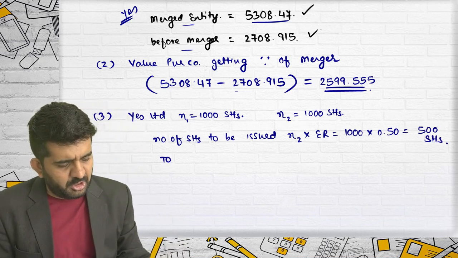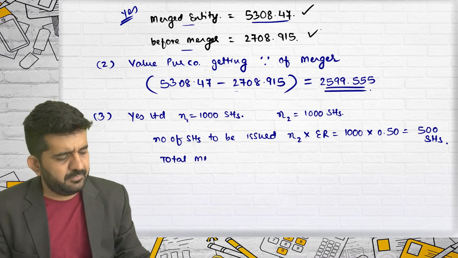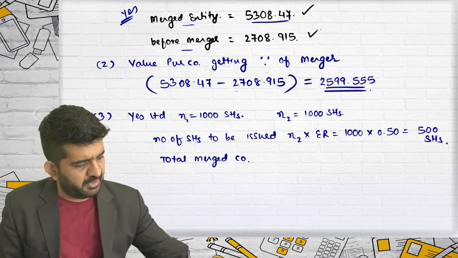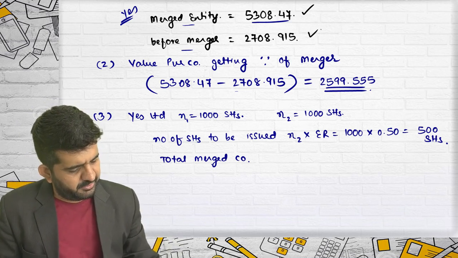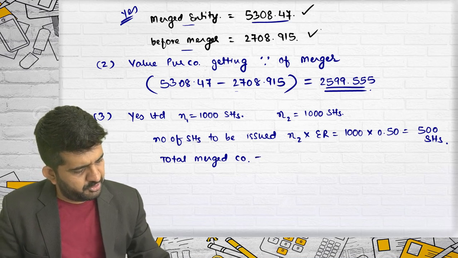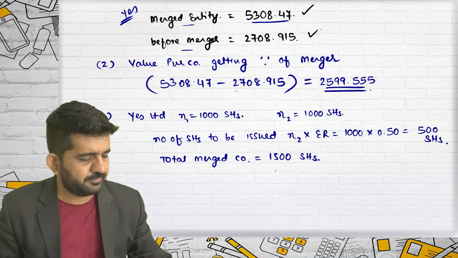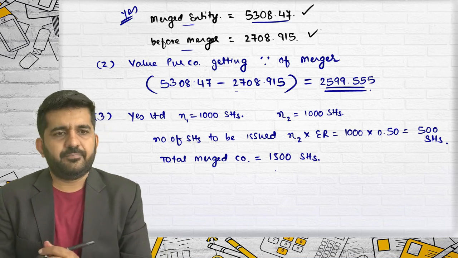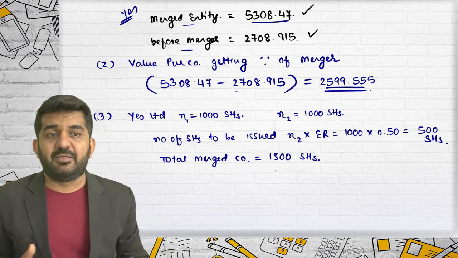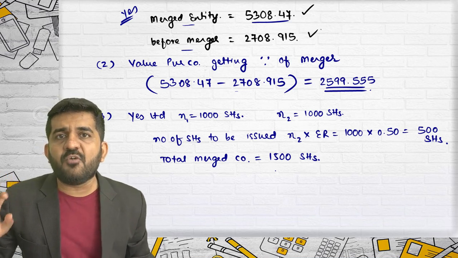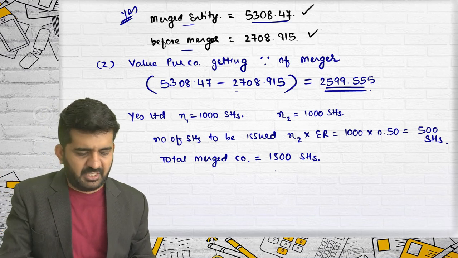What will be the total number of shares of the merged company? The total will be 1500 shares. They are just asking me to find out the benefit to shareholders of the purchasing company. Let me find it out.